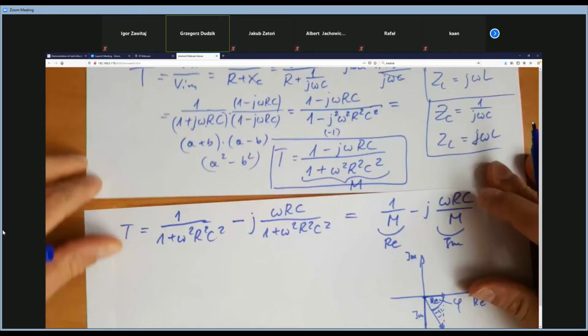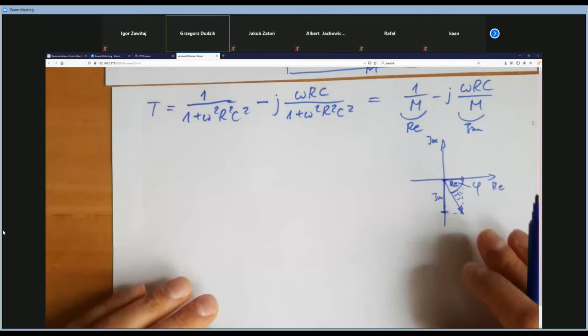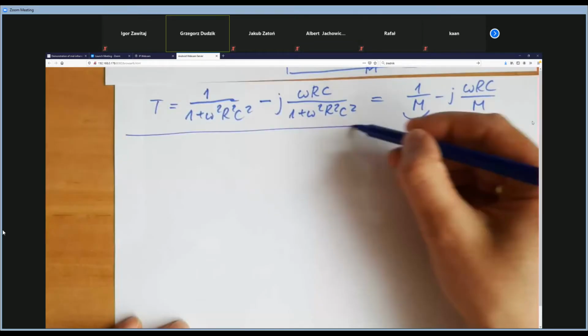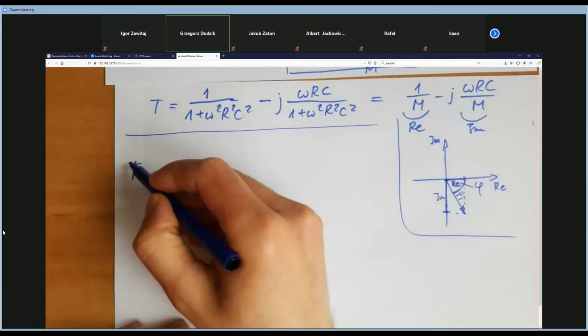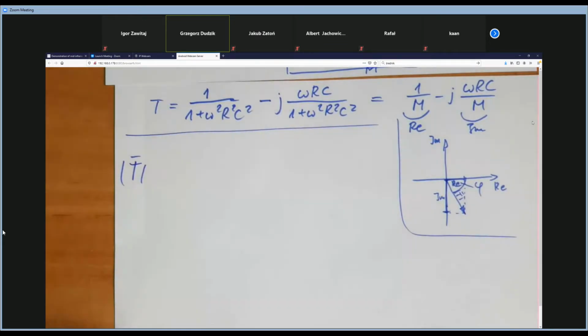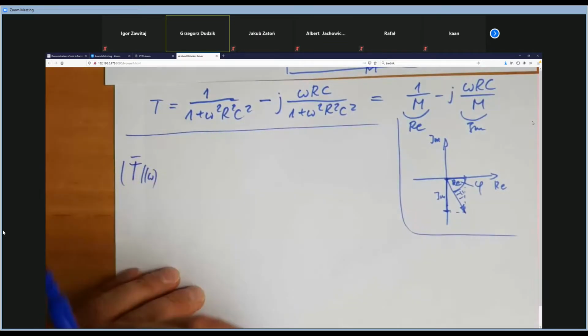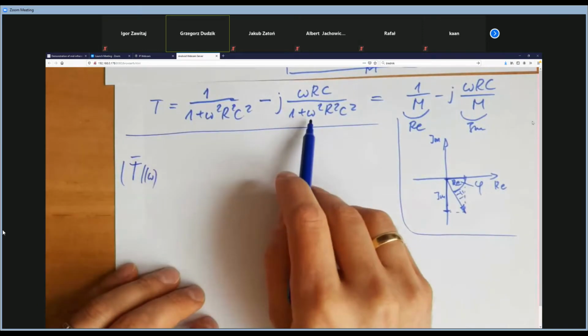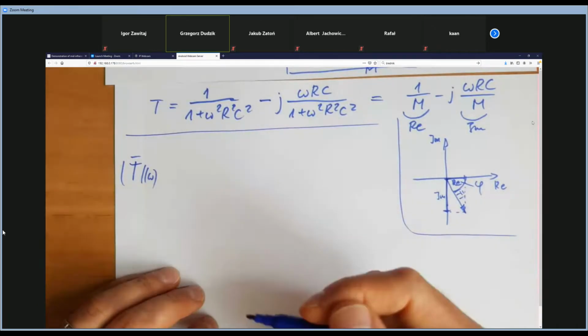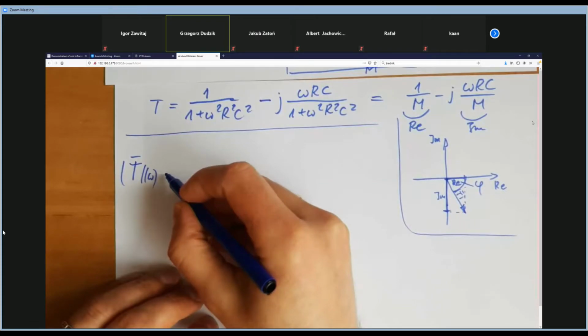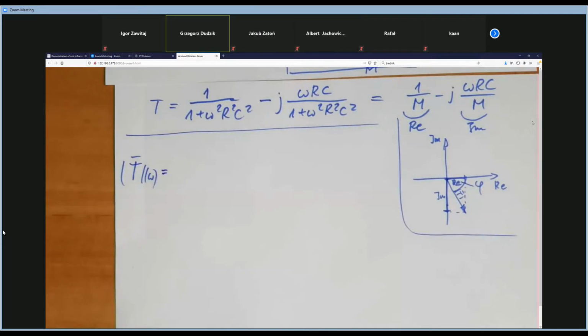We have to find the expression for the module of T according to omega, because it depends on omega, as we see. Omega, in fact, is the frequency. Okay, and now, because you are great in math, please tell me, what is the module of T?